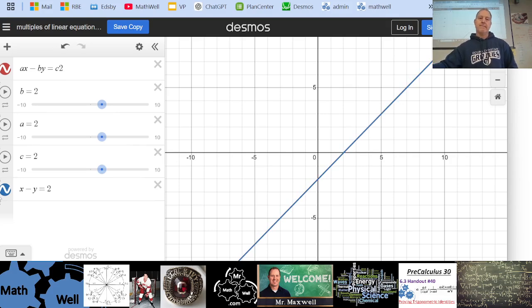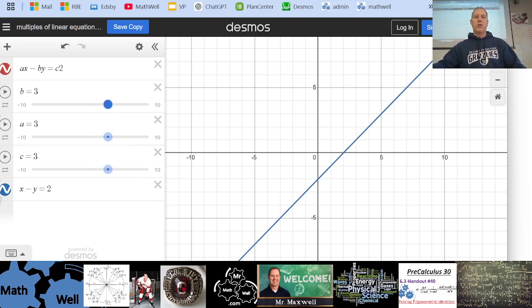See that? Now what happens if I move A to 3? That changes the line. If I just move A, it changes the slope a little bit. If I move B to 3, it does that. Now they're parallel. And then if I move C to 3, they're the same line again.